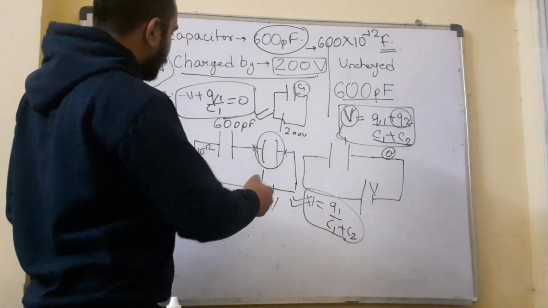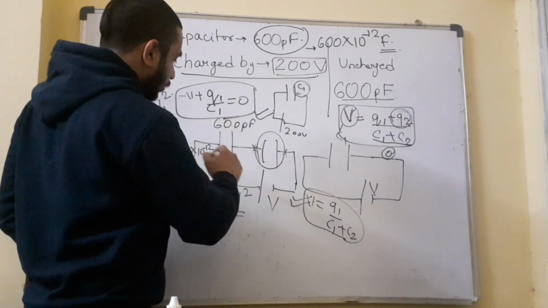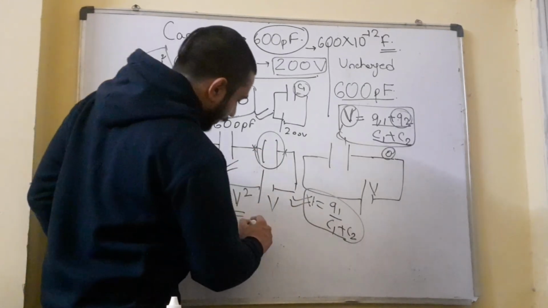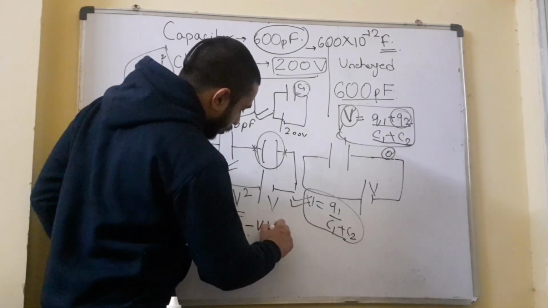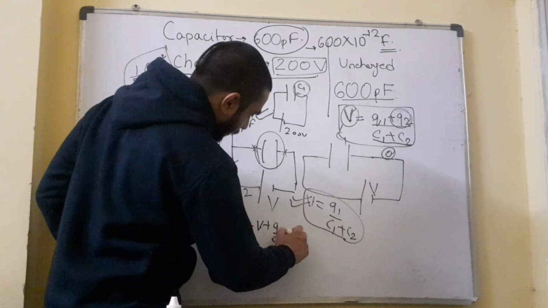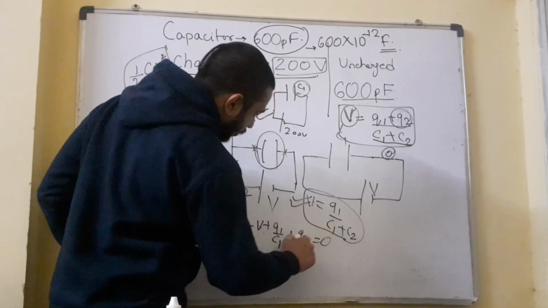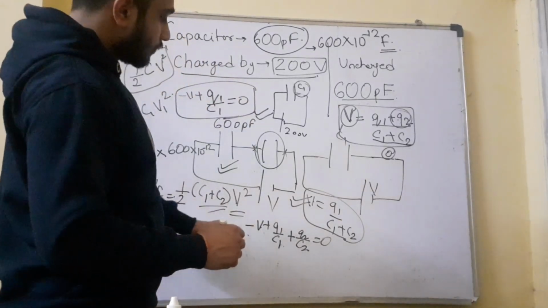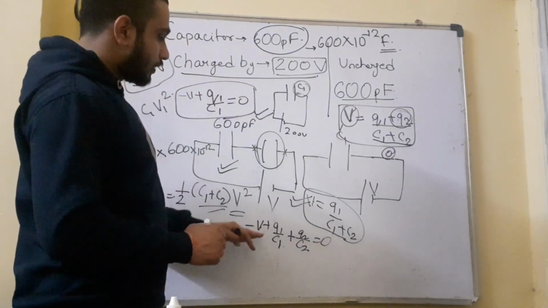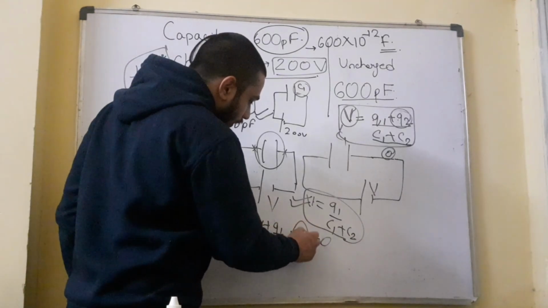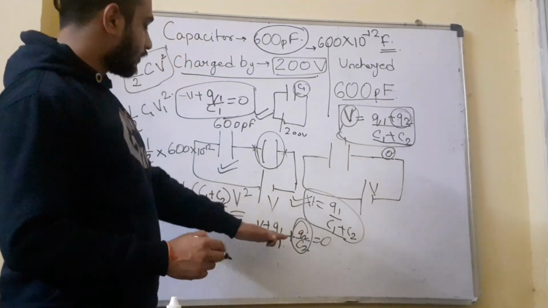Okay, so one more time writing the equation for this. How will we write? Minus V plus Q1 by C1 plus Q2 by C2 is equal to 0. Okay, so like this we can write, but here this Q2 is equal to 0 in this case.